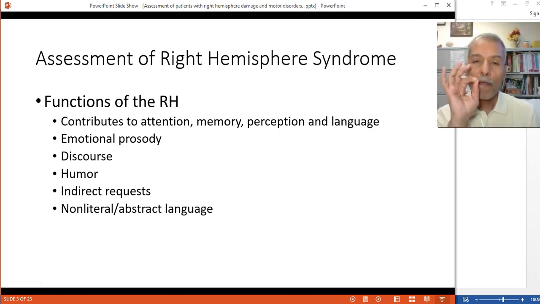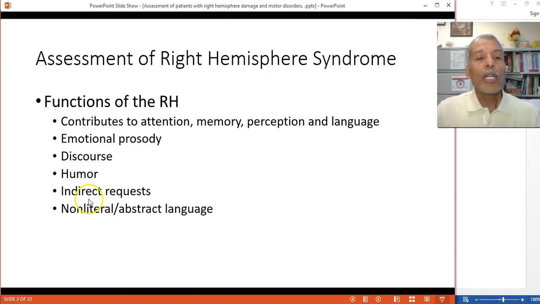You have to be very meticulous. You have to time a joke. You have to time the humor you use very, very precisely in many ways. And if you do not, it is going to backfire. So people with right hemisphere damage are going to have difficulty making humor and comprehending humor, which again is going to have an impact on social communication.